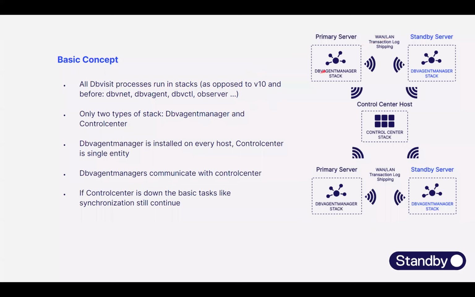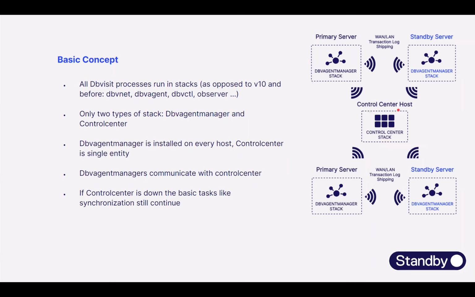As you can see from the picture, and as you can guess, the way it works is that you install the DBV Agent Manager on each server, and then somewhere you could have a centralized host which will run the Control Center. And this Control Center also hosts the web server, which you can use to manage all of your database servers.